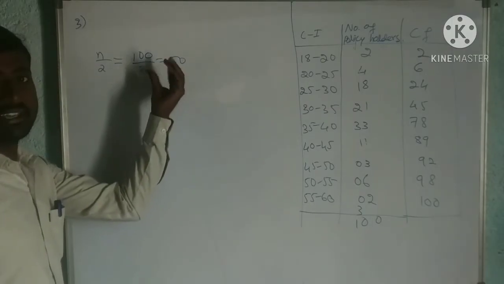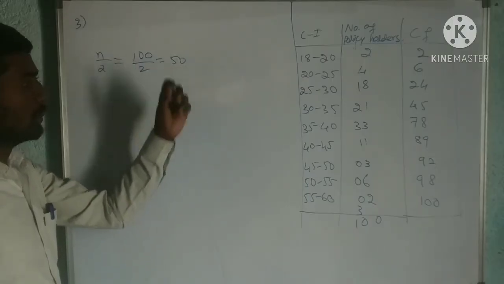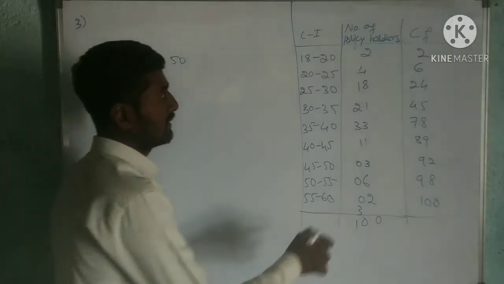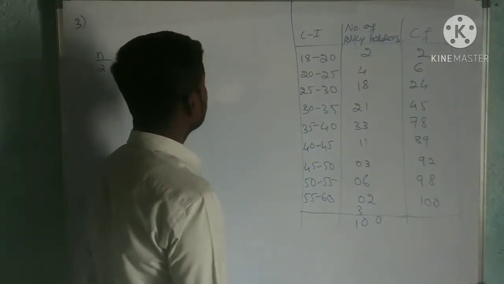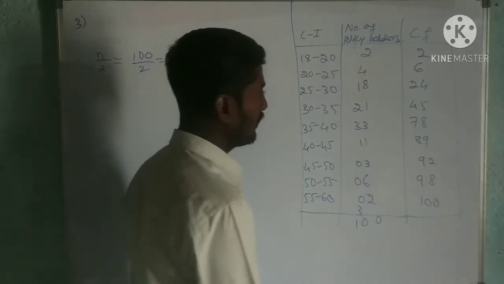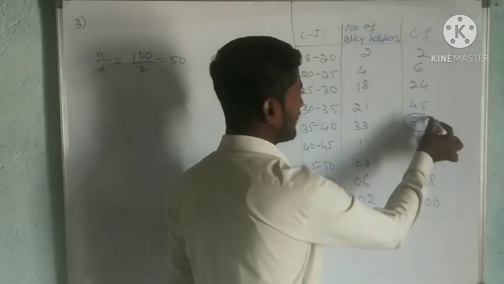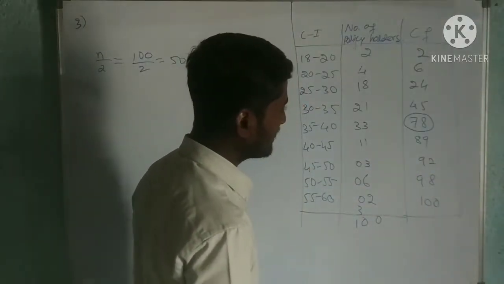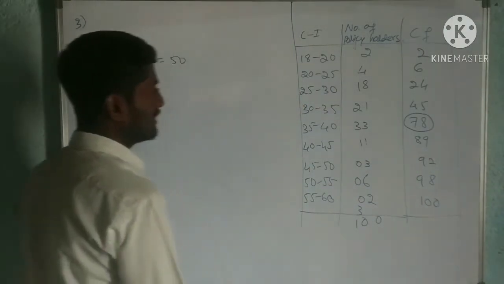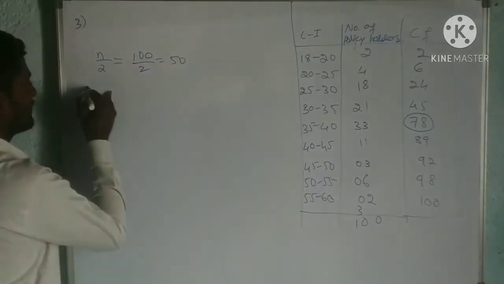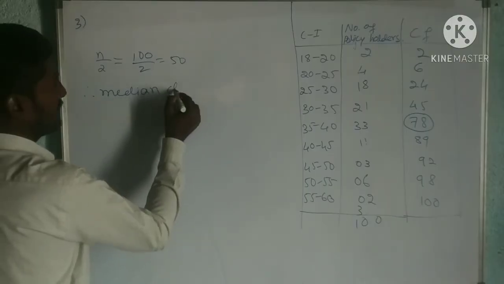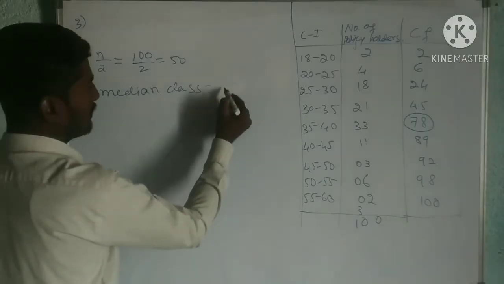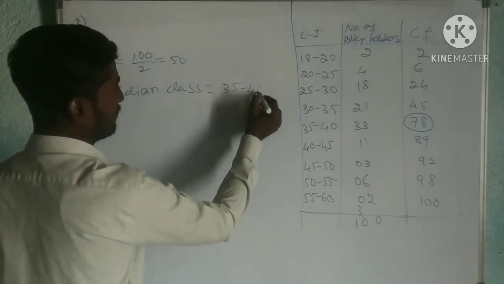We need the value just greater than or equal to n by 2. You can see the cumulative frequency column: just greater than or equal to 50 is 78. Therefore the median class is 35 to 40.